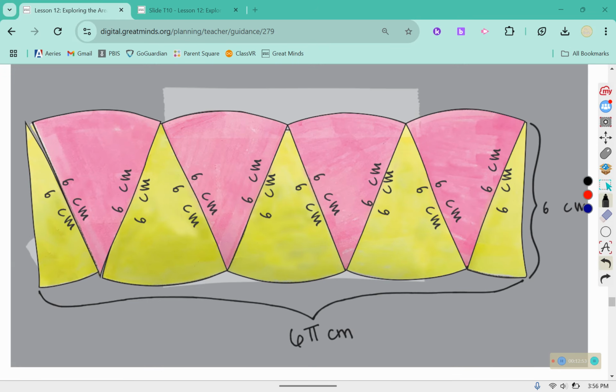So for this specific circle, it would be 6 squared times pi, and 6 squared is 36, so this would be 36 pi, and we would measure it in centimeters squared. So the area, all of these shaded sections, the green and the pink, or the yellow and the pink, adds up to 36 pi centimeters squared. So that's the area to fill in the whole circle.